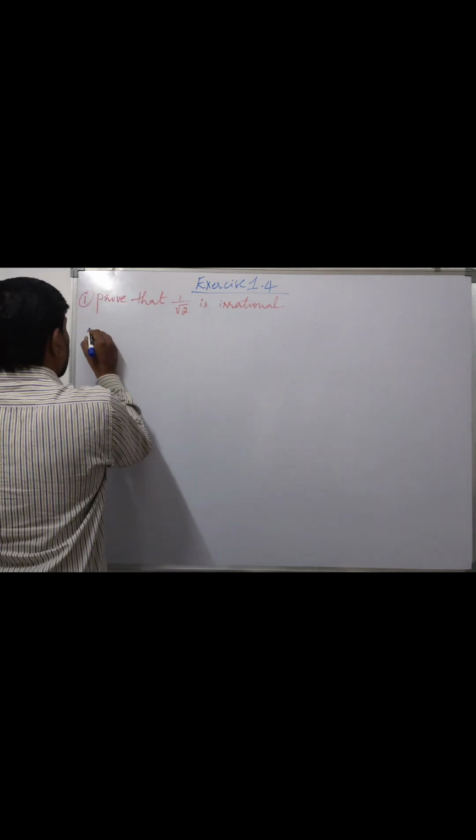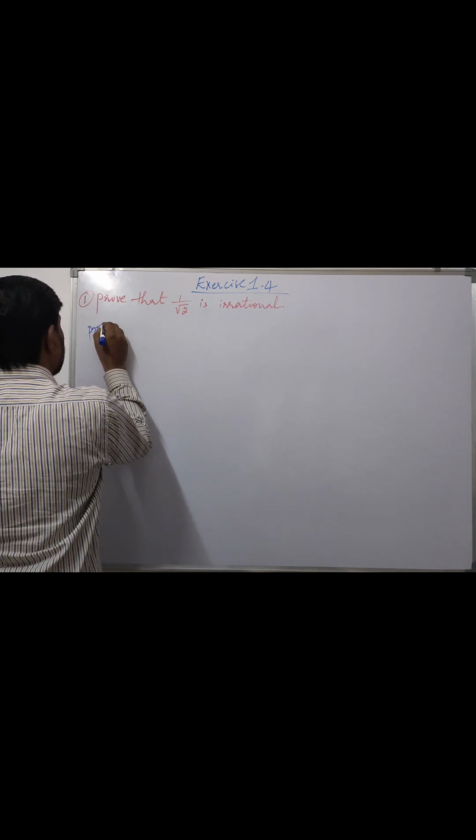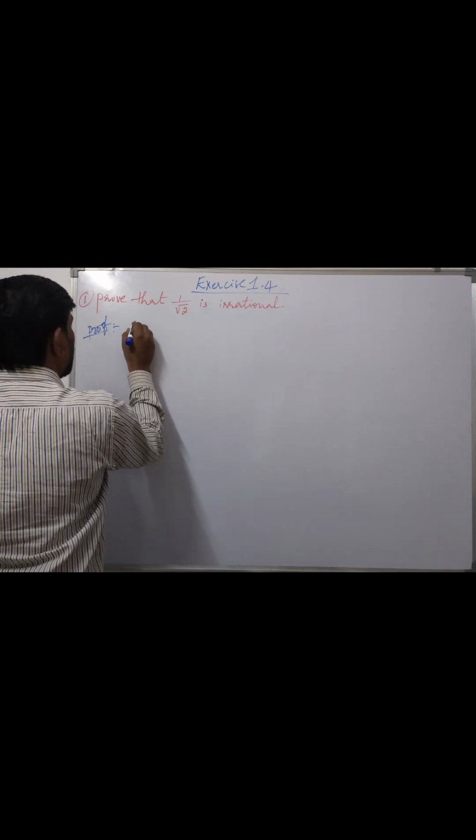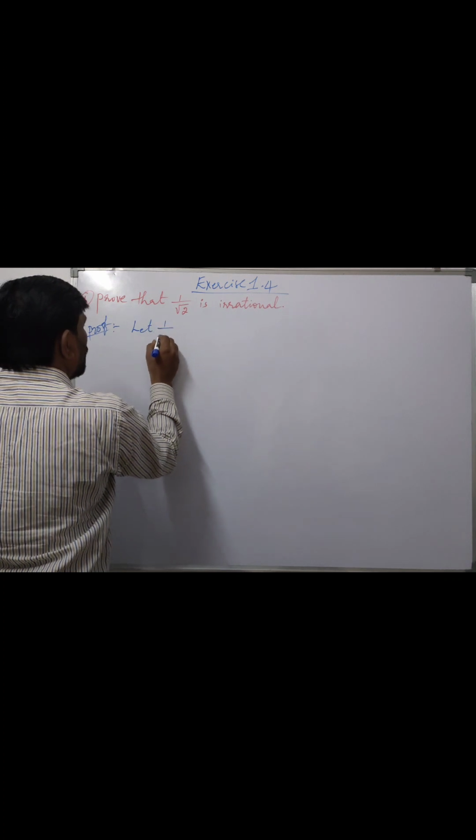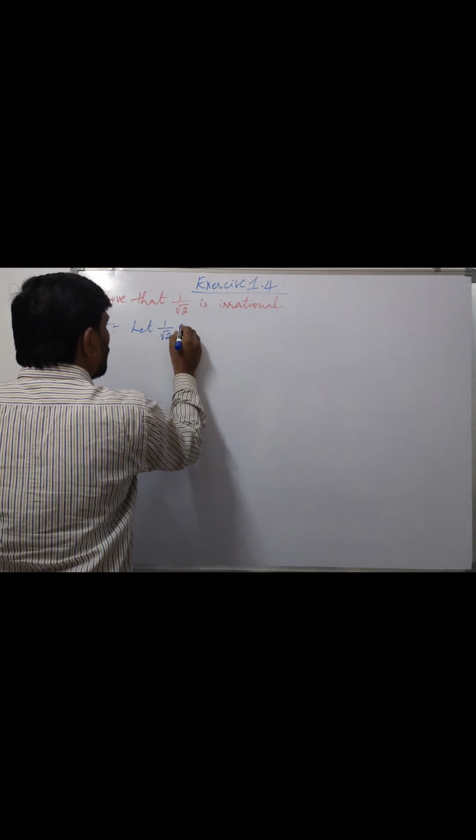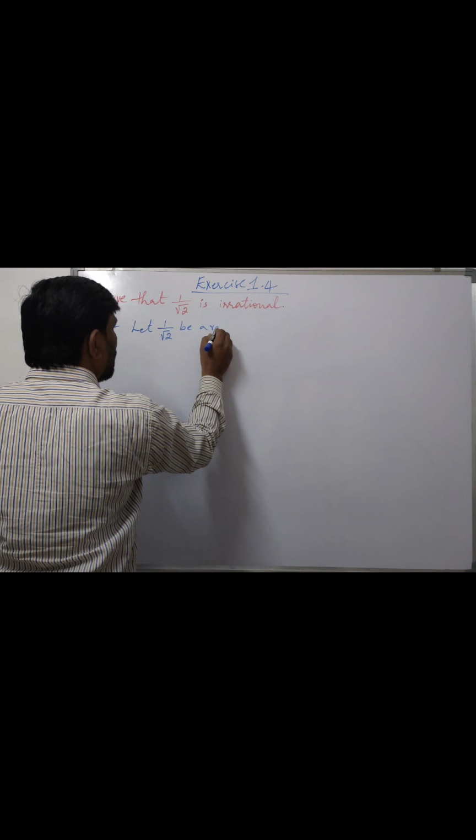So now in this proof, first I will assume let 1 by root 2 be a rational number.